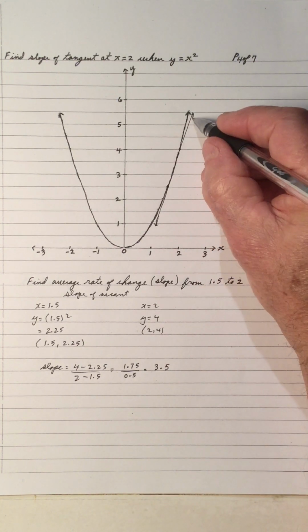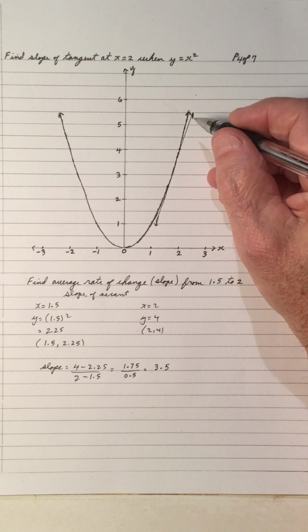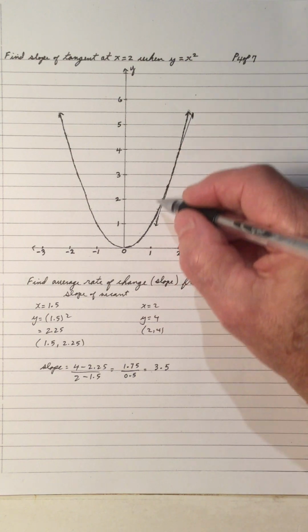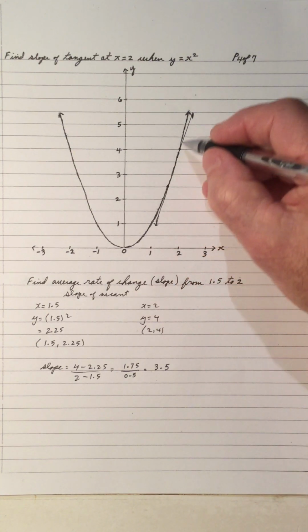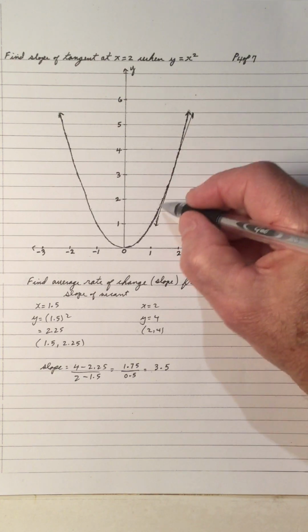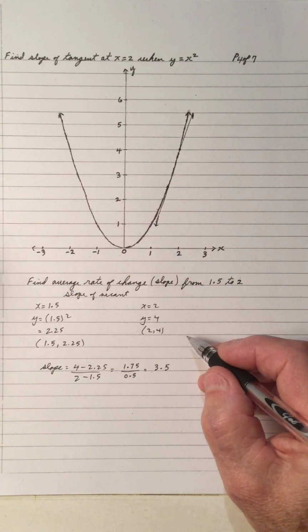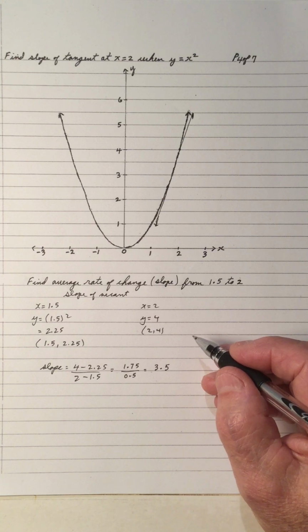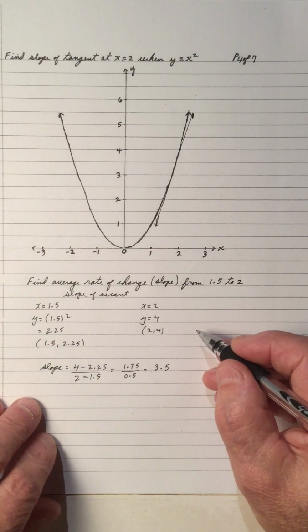So the slope of this line is 3.5. And you can see that the closer and closer I move to 2, the slope of the secant is getting larger and larger. The first one we had a slope of 2, then we had a 3, now we've got a 3.5.